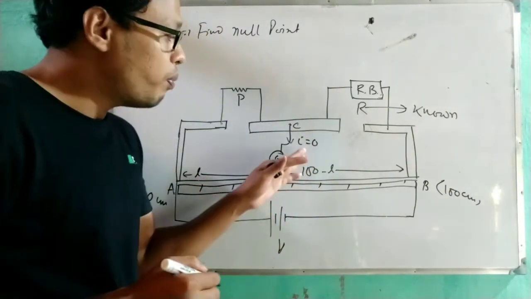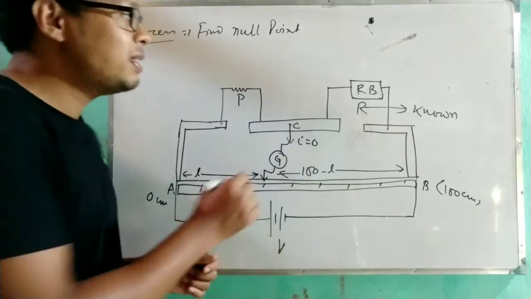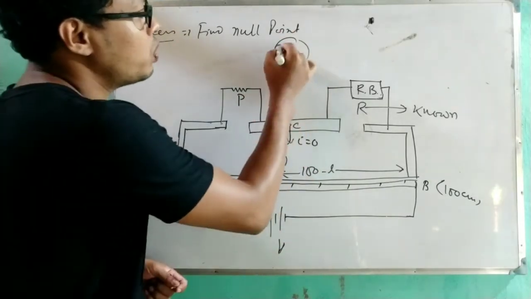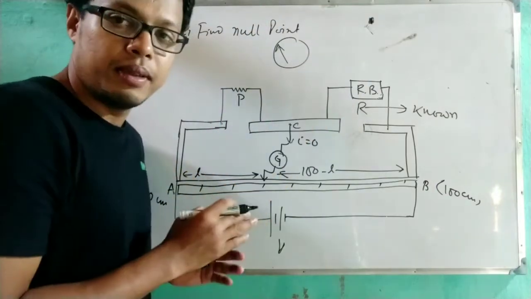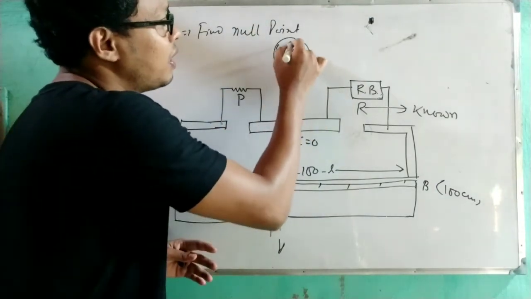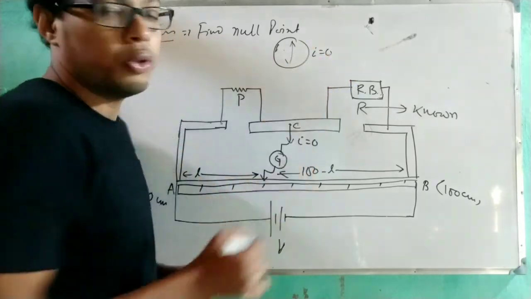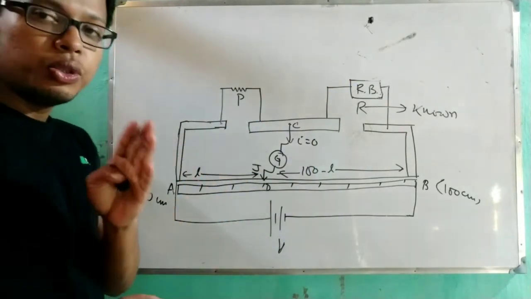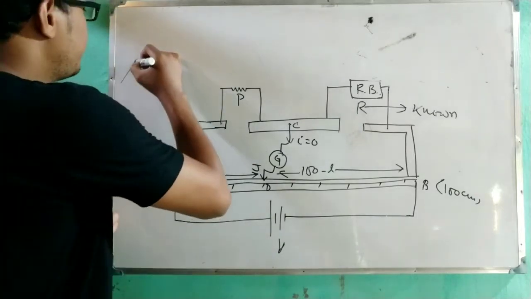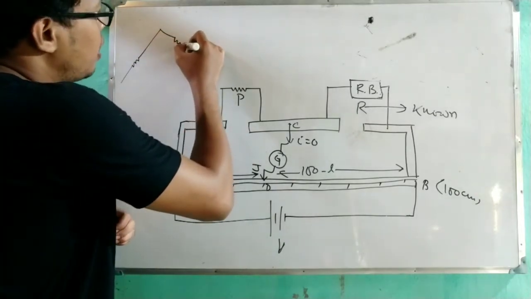Means at that point I will be 0. We know the galvanometer shows deflection when current flows, maybe right or maybe left. But when it shows no deflection, I equals 0. See here, there is a similarity between the meter bridge and the Wheatstone bridge. We have read it already.